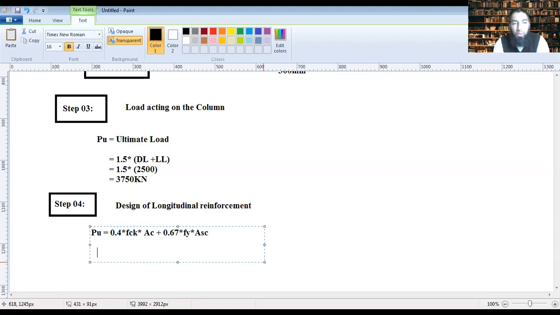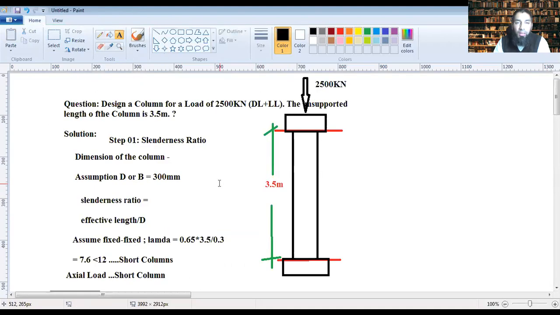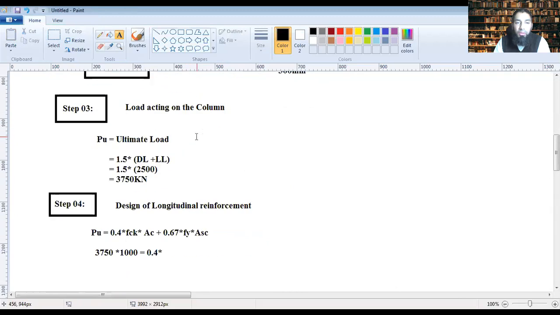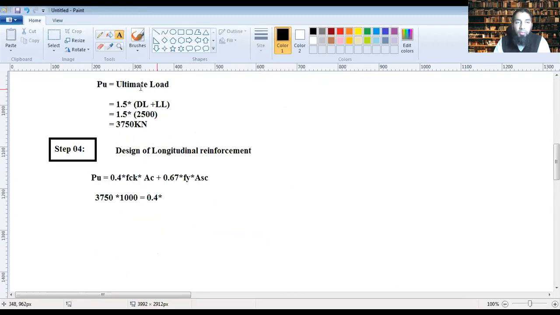We already know PU here, that's 3750. I'll convert it into newtons, 10 raised to the power 3, that's 1000, equal to 0.4 FCK. FCK is not given in the question, so we can assume. Remember this: for columns you usually start from M25.